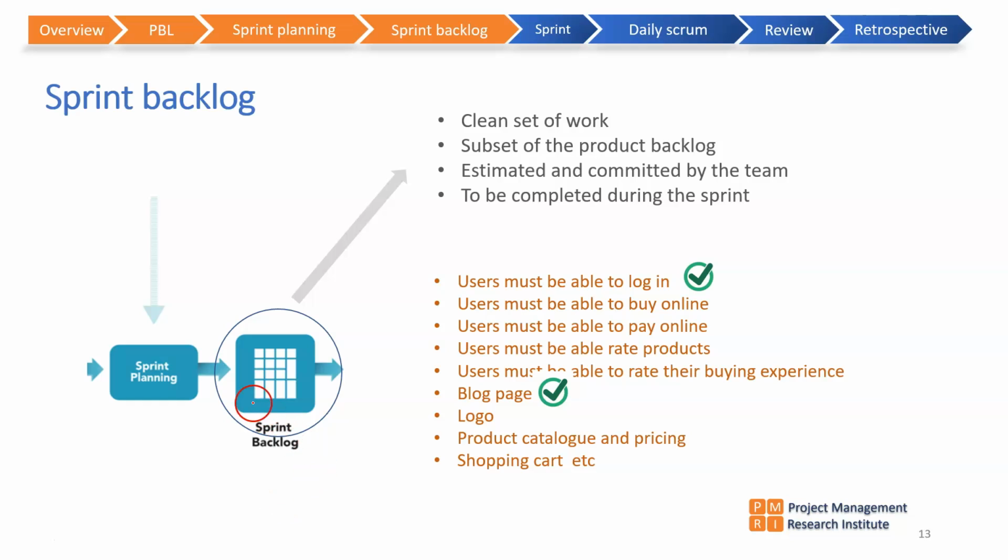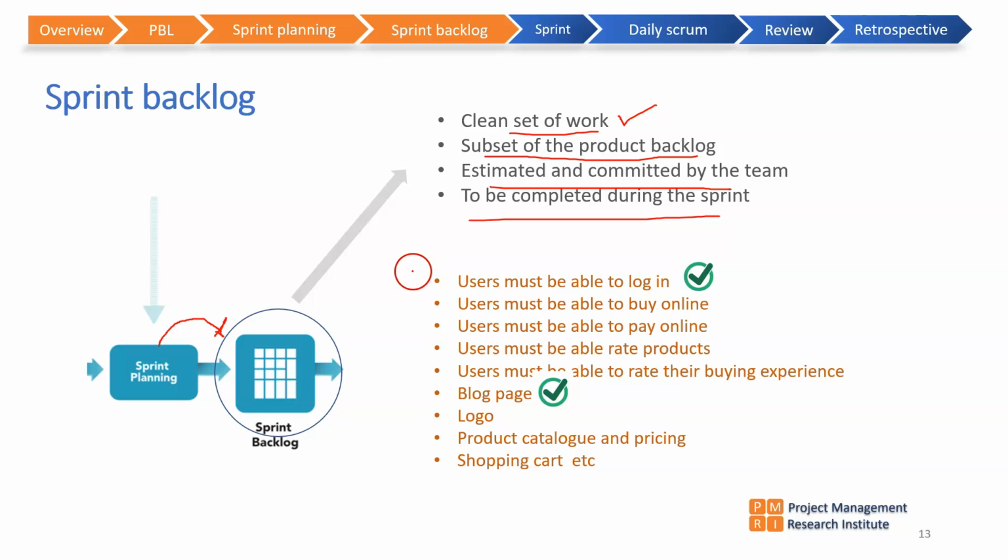Then the sprint backlog. As discussed before, the sprint backlog is the output of the sprint planning meeting. It is a clean set of work which is estimated, discussed, debated, and concluded, on which the team has full confidence that they can complete it in the next sprint. It is a subset of the product backlog, estimated and committed by the team to be completed during the sprint.